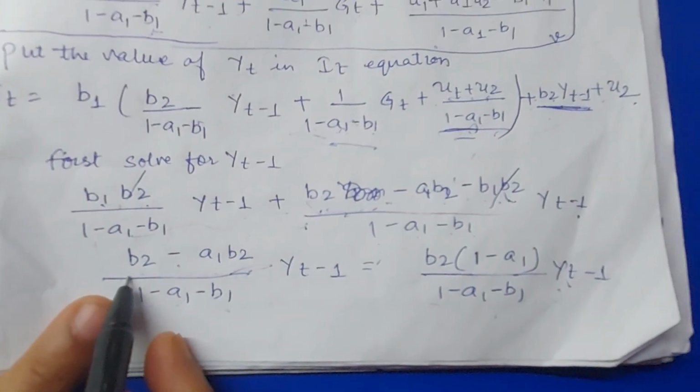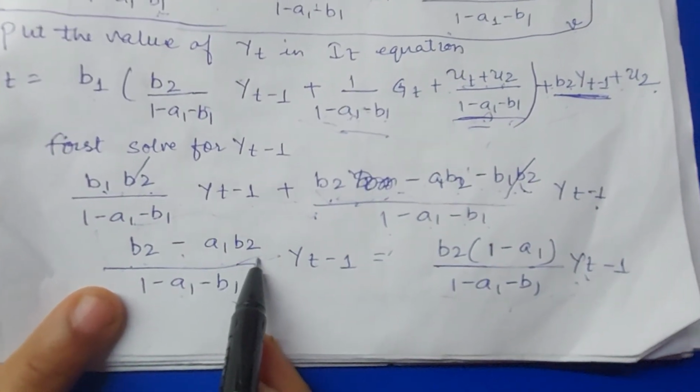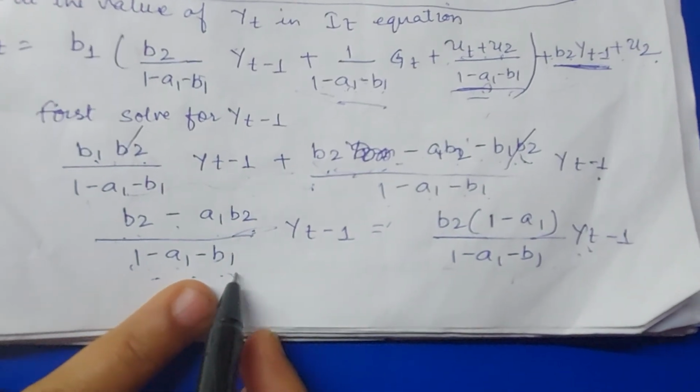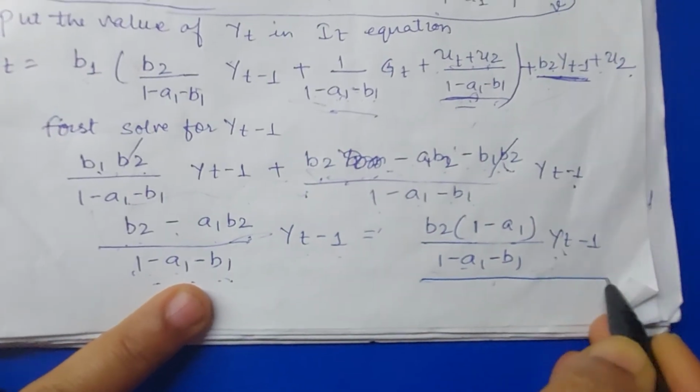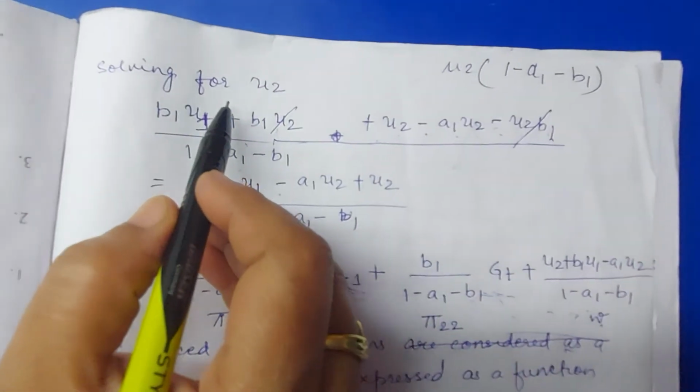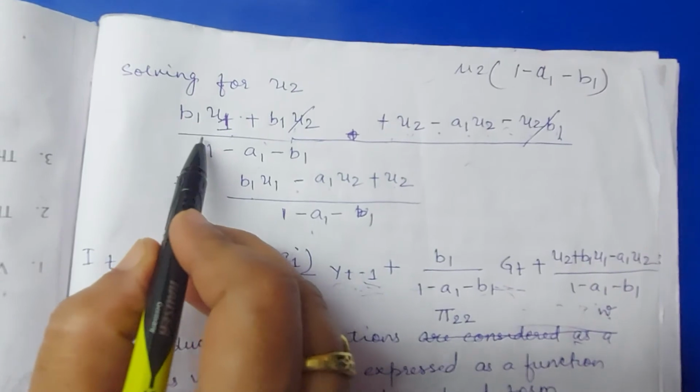We will get b2 minus a1 b2 upon 1 minus a1 minus b1 Yt minus 1, and finally we get this last form.